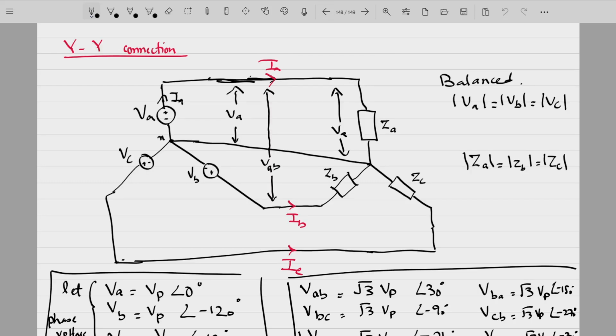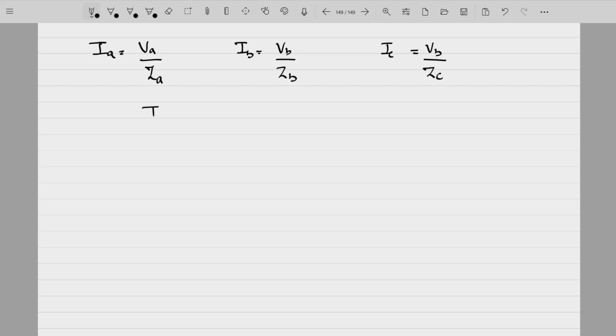One more thing to note here is that there will be some amount of current flowing in this particular neutral branch. Now, what will be that current flowing in this branch? That can be represented by IN equal to IA plus IB plus IC.